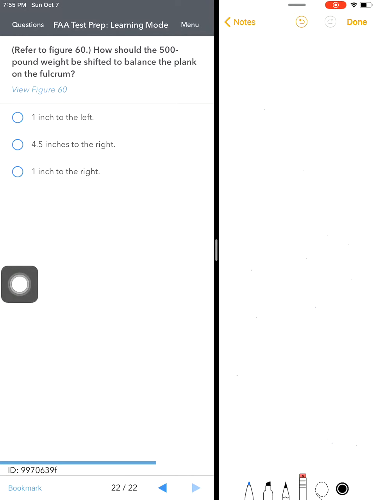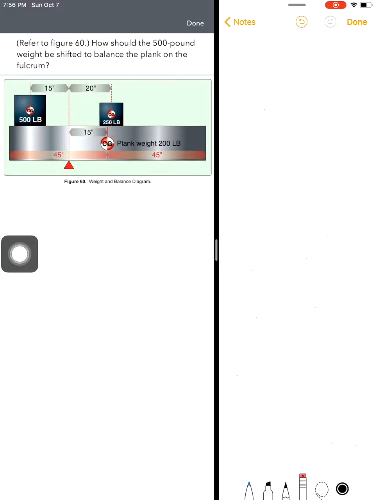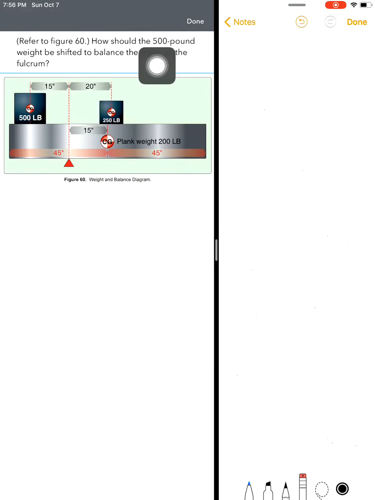The question is very simple. The figure says how should the 500-pound weight be shifted to balance the fulcrum. This 500 pounds is sitting on this side, so we need to figure out this side first.